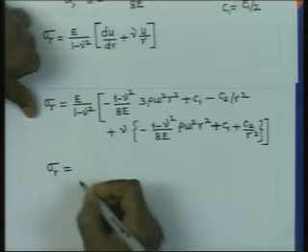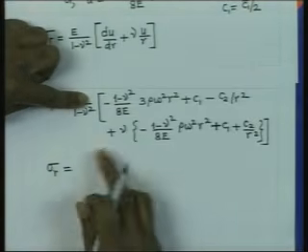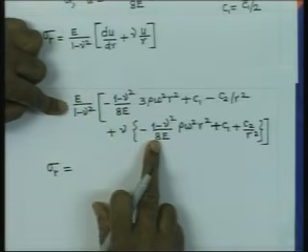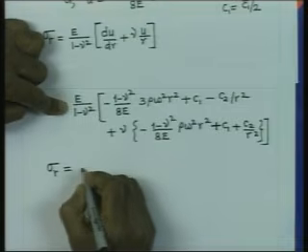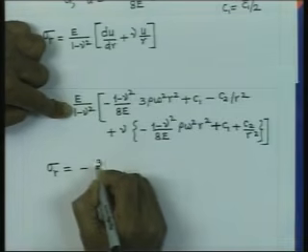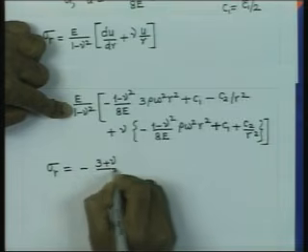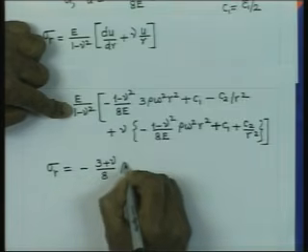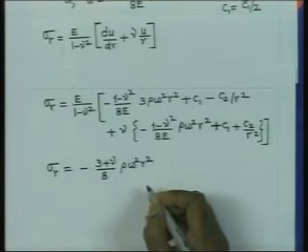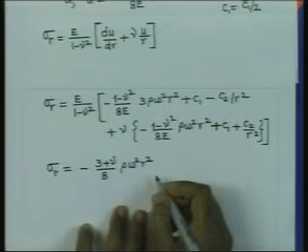This on little simplification, what we get here is that we can write 3 plus nu, so this term will cancel, therefore it is minus (3 plus nu) by 8 rho omega square r square, that is the first term.